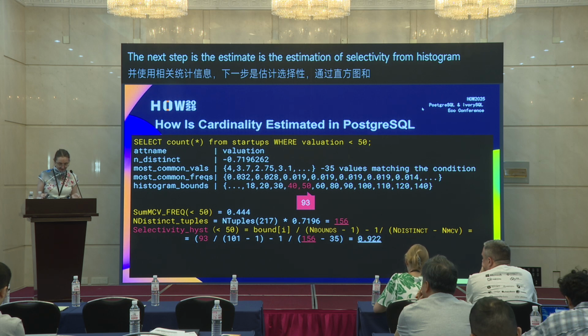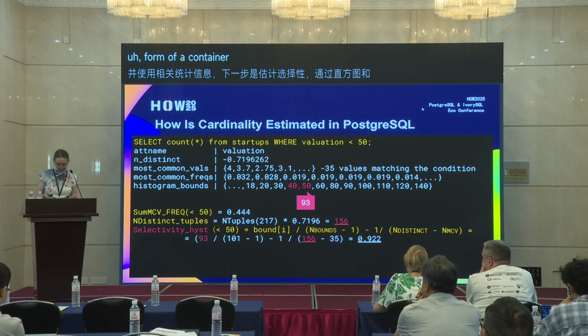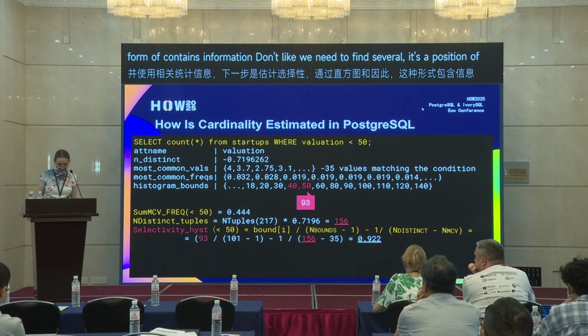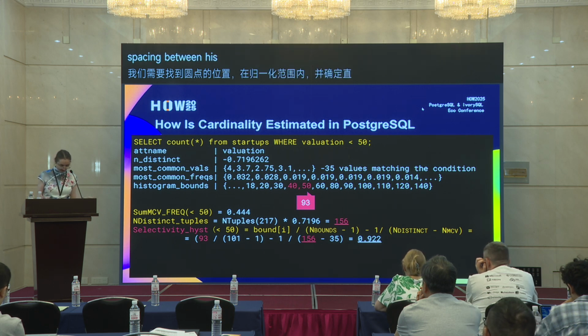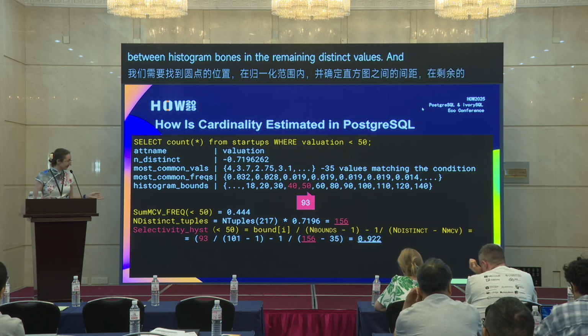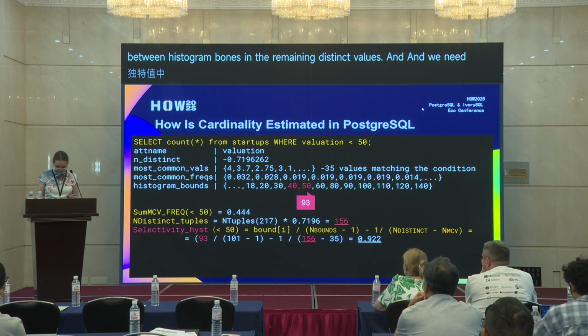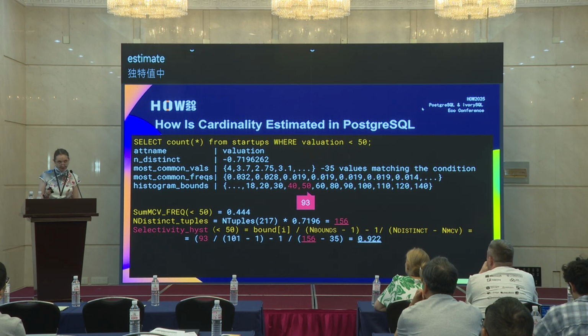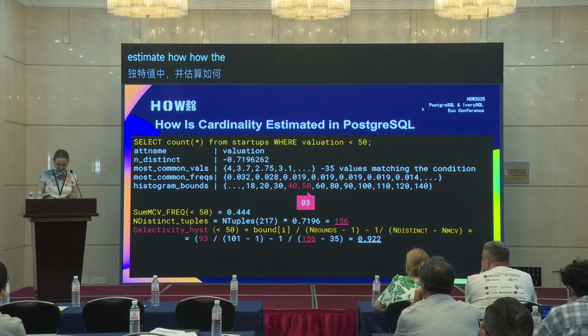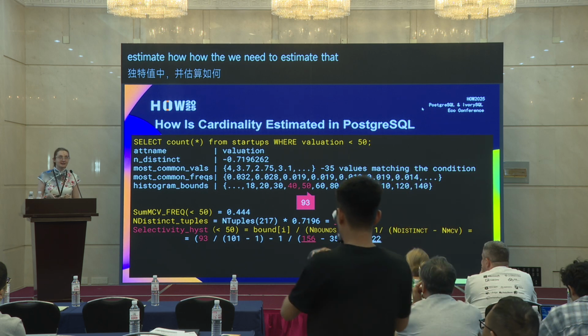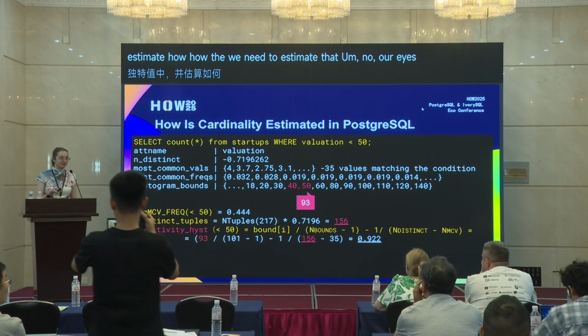This formula contains information like we need to find the relative position of the bound in the histogram in a normalized range, and we need to determine the spacing between histogram bounds in the remaining distinct values, and we need to estimate that our data distribution is not uniform.